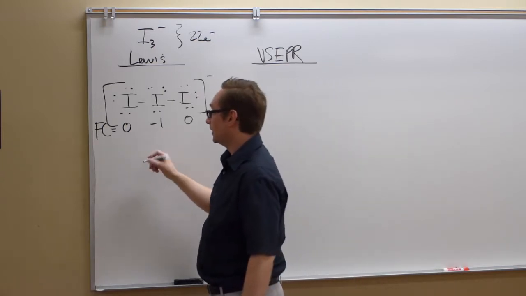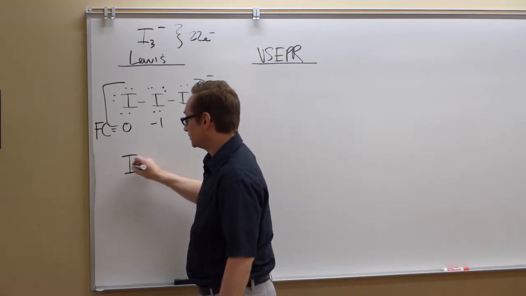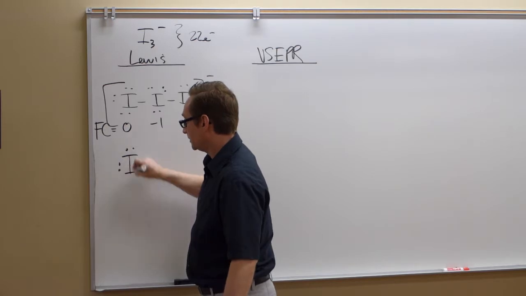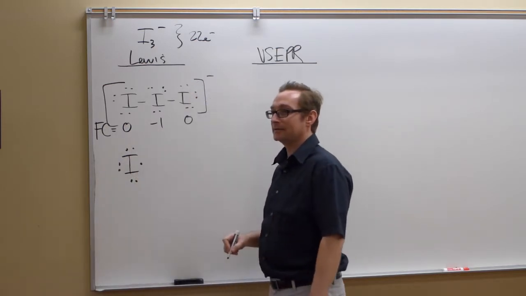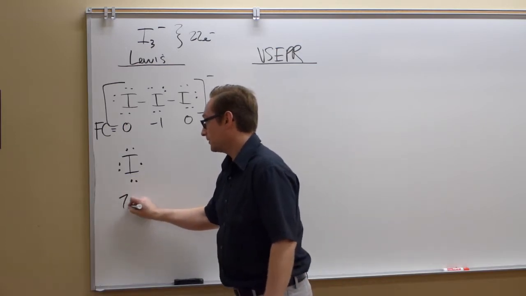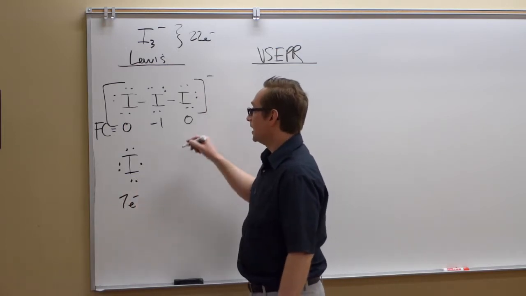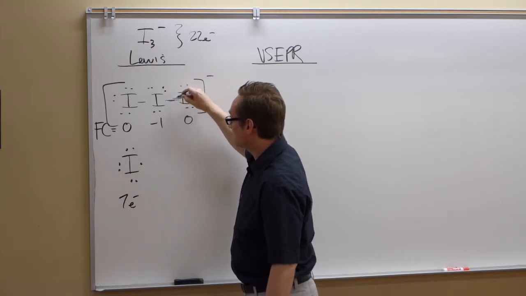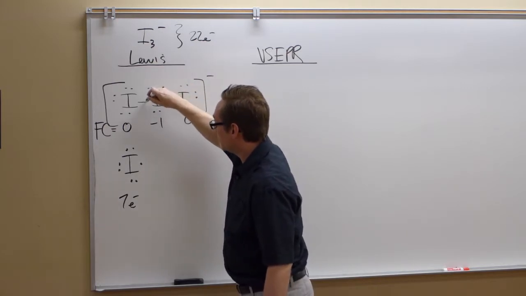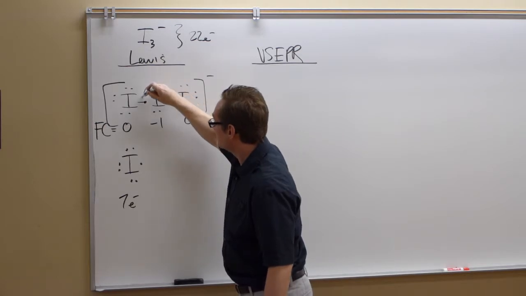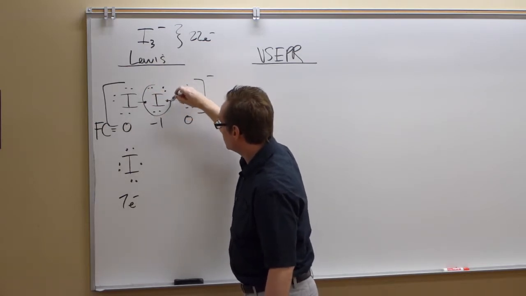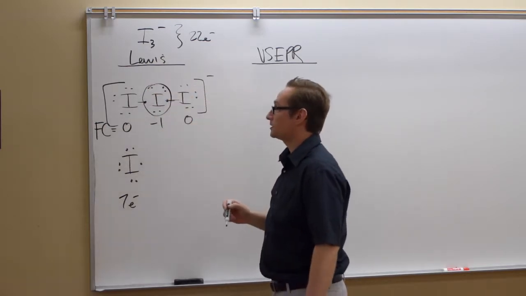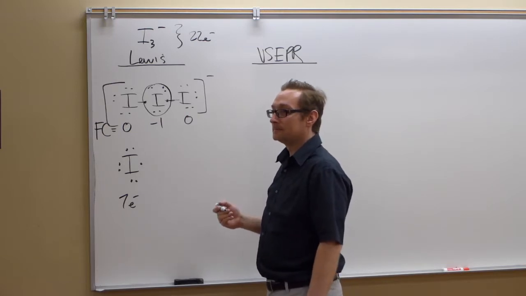Right, so a free iodine atom, just iodine by itself, is going to have a dot structure that looks like that. This has 7 electrons. Then I would look at this middle iodine atom, and when I look at the number of dots around it, I've got 8.